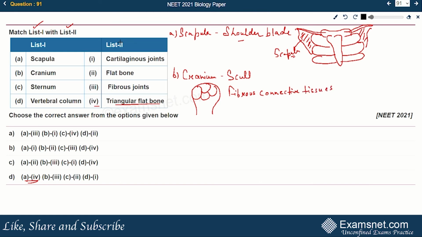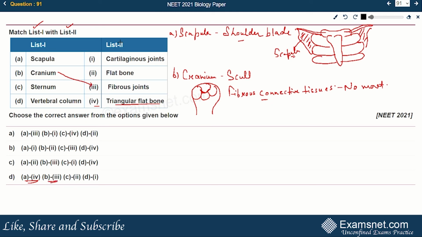These joints in the cranium do not allow any movement. Can you move these joints? No, right? So no movement is there, and these are known as fibrous joints. So the correct match for B will be number 3. So here B is matched with 3, right?